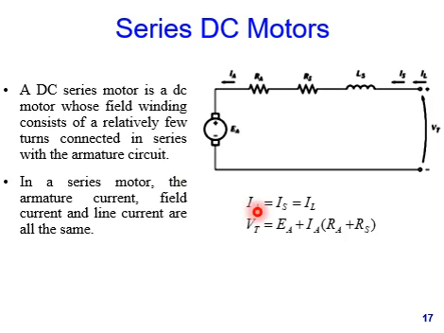Similarly, IA and VT, the terminal voltage, can be obtained similar to what we considered in the first case. We can easily use Kirchhoff's current and Kirchhoff's voltage laws to find these variables.